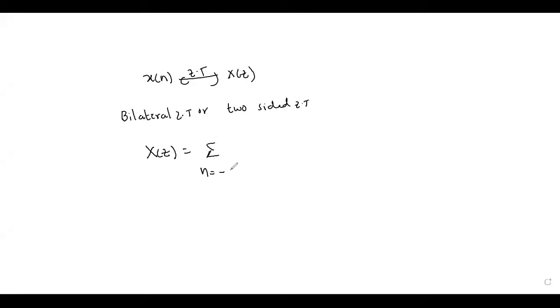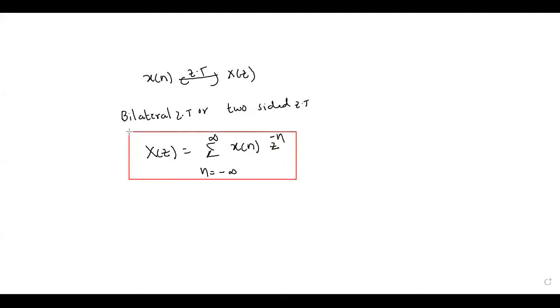Summation n equal to minus infinity to plus infinity, input sequence X of n, kernel, for changing the domain, Z power minus n. This is the formula for Z transform.